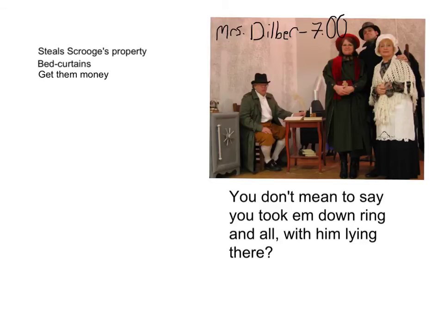Clearly these are corrupt individuals, but it says something about who Scrooge was that people are willing to steal his stuff after he's dead. Clearly, Scrooge is viewed as a miserable individual, almost like he deserves to have his stuff stolen, according to these people.